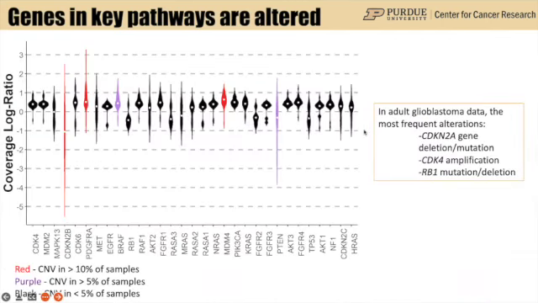We also looked at copy number alterations. Here we used the CNVkit package to identify copy number variations. Of note, pretty much every single software that we've used in this presentation, with the exception, I believe, of CIBERSORT, has been packaged and put as an application on the Seven Bridges ecosystem.